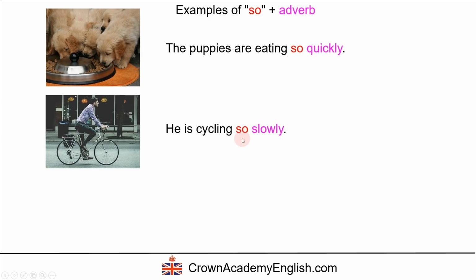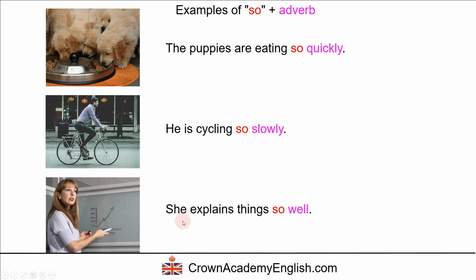He is cycling so slowly. So this adverb is modifying the verb cycling, and again it is giving us more information about the speed. So slowly. She explained things so well.